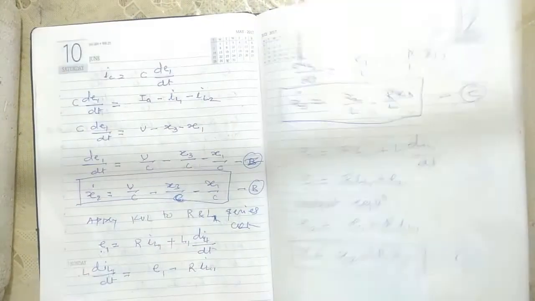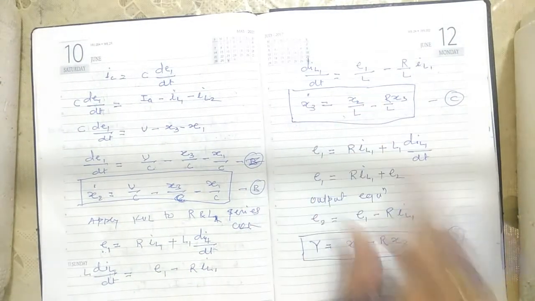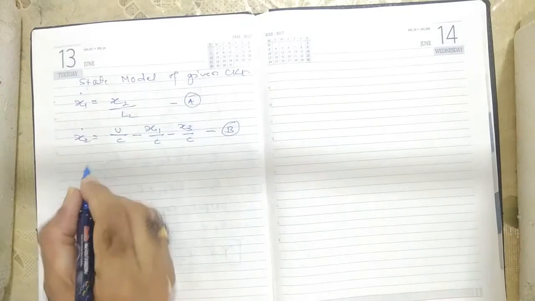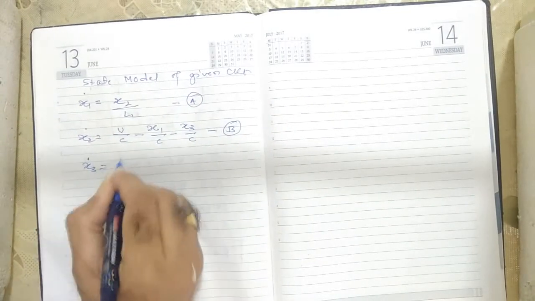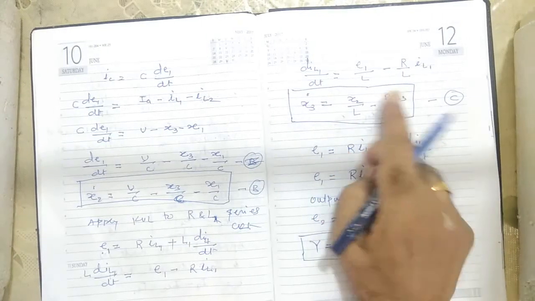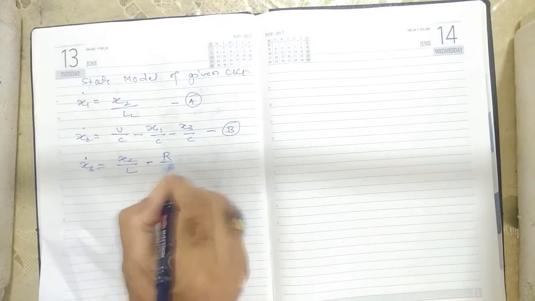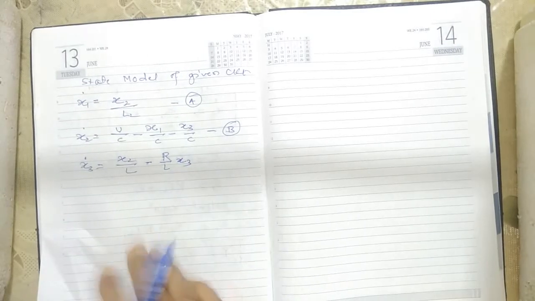And my third equation, x3 dot, equals x2 by L minus R by L into x3.